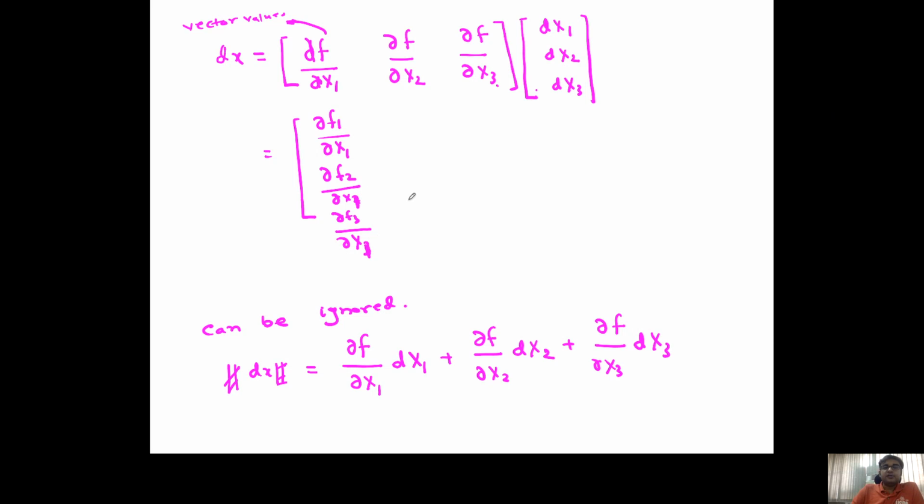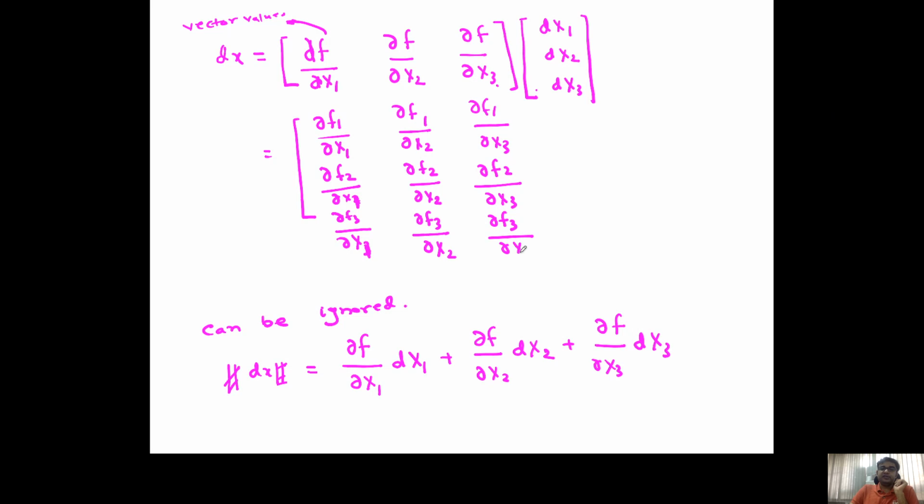Del f1 by del x1, del f2 by del x1, del f3 by del x1. Then we have del f1 by del x2, del f2 by del x2, del f3 by del x2. And lastly, we have del f1 by del x3, del f2 by del x3, del f3 by del x3.